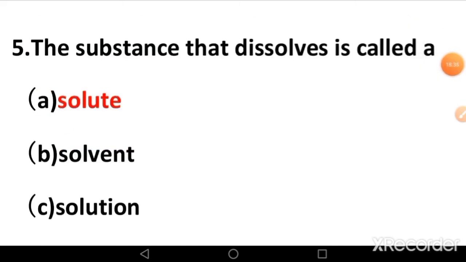Now let's see fifth MCQ. The substance that dissolves is called: option A, solute; option B, solvent; option C, solution.